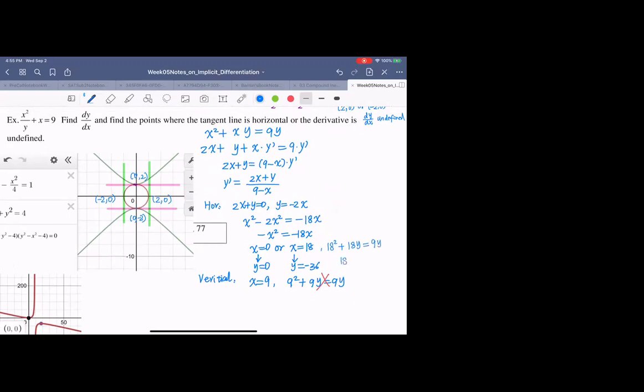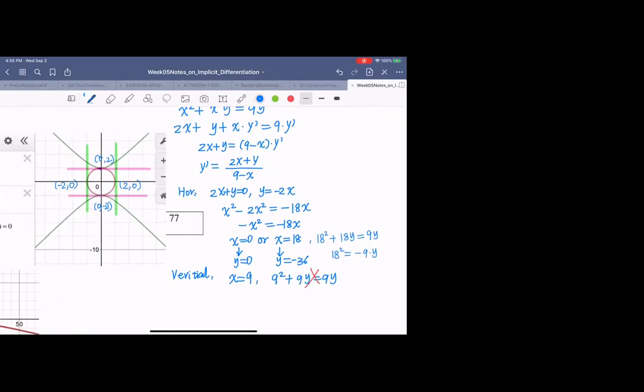That is 18 squared equals negative of 9 times y. So your y is how much? Negative 36. That's perfect. So your y equals negative 36. So you have 2 points. These 2 points you get are 0, 0, and 18, negative 36, right? Yes.